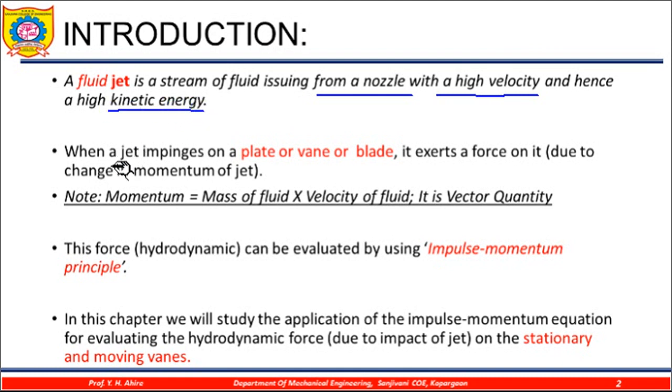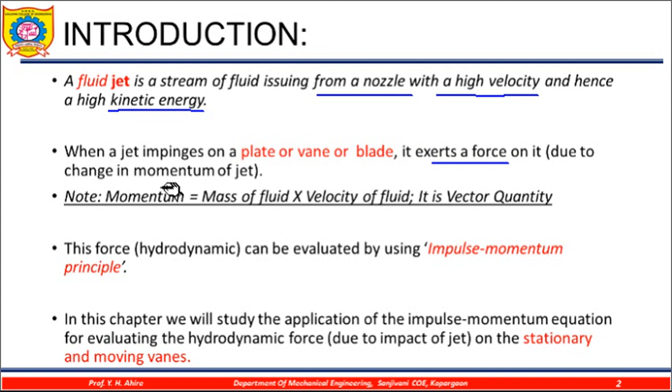So the resulting jet impinges on a plate or a vane or a blade. Then it exerts a force on it, and this is due to change in momentum of the jet.